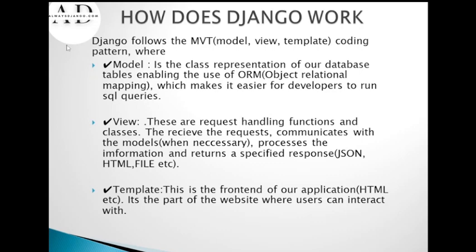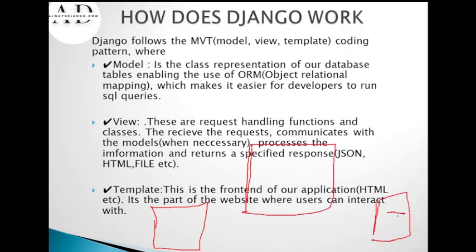So model view template, let me bring out my pen tool here. Let's say this is the model, this is the view, this is the template, right? This is the template here, this is the view, this is the model. From the name, you understand that the view is in the middle.